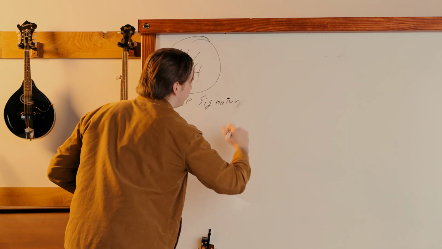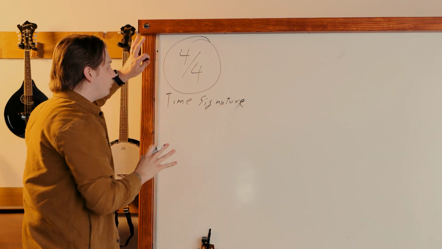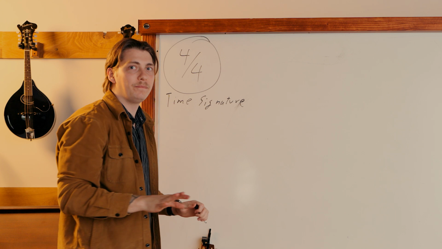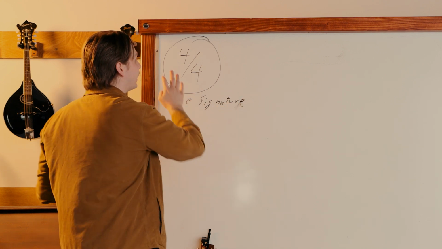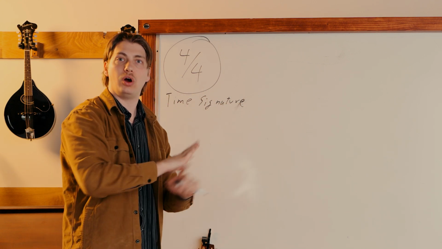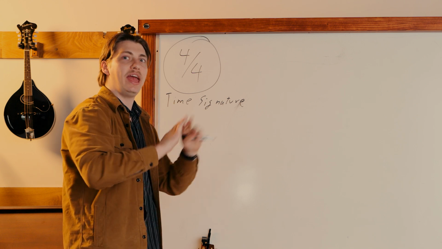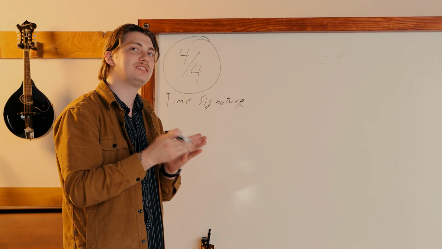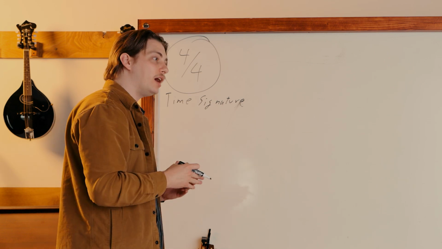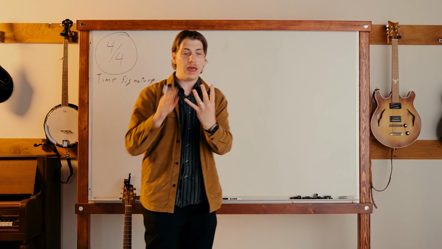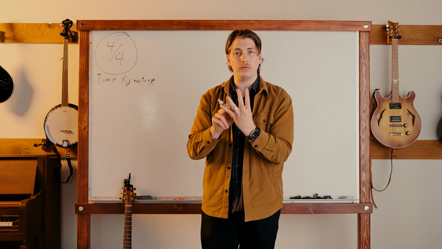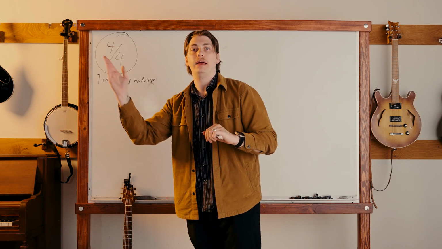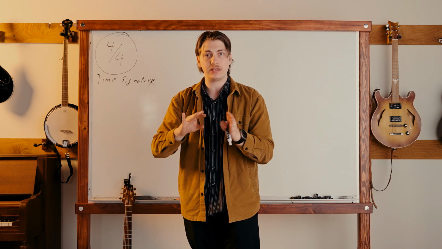All this is saying is, hey everybody, we're counting to 4. Everything we've learned since that video has been us counting to 4, and then we count some other notes in between, right? When we go 1 and 2 and 3 and 4 and. We're still counting to 4 every time.